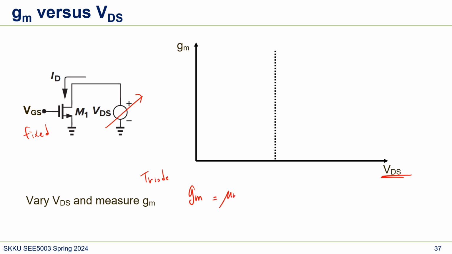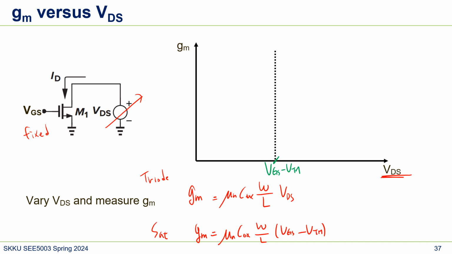This was mu n CoX W over L VDS. And in the saturation region, GM was mu n CoX W over L times VGS minus VTH. And at this point, VGS minus VTH is equal to VDS.